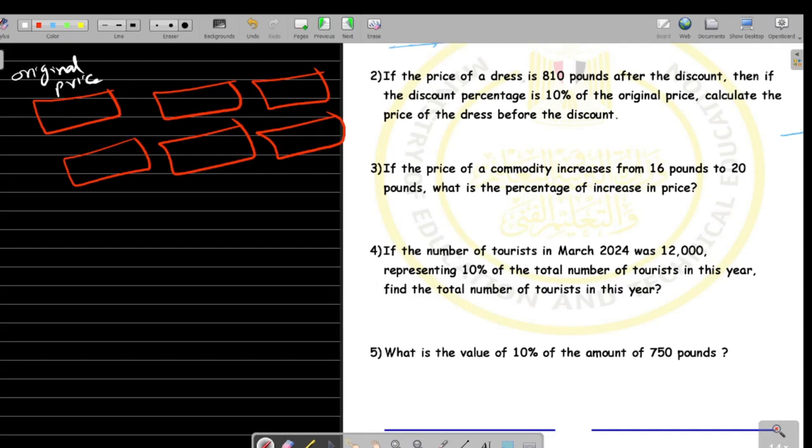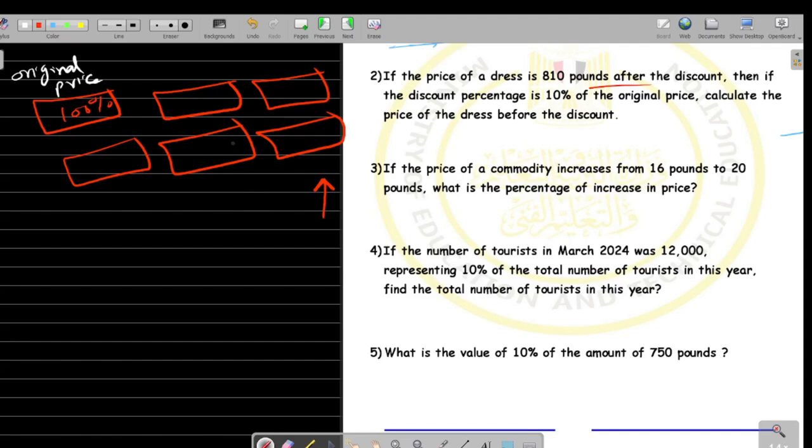Here, if the price of the dress is 810 pounds, the original price you have to put as 100%. If the price of the dress is 810 after the discount, we put it in the last box.